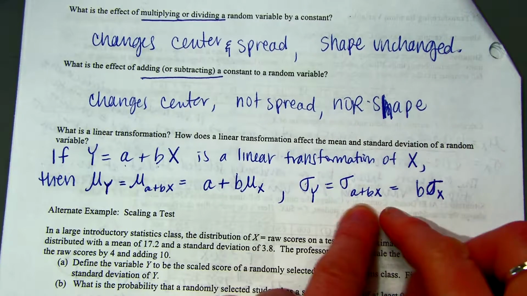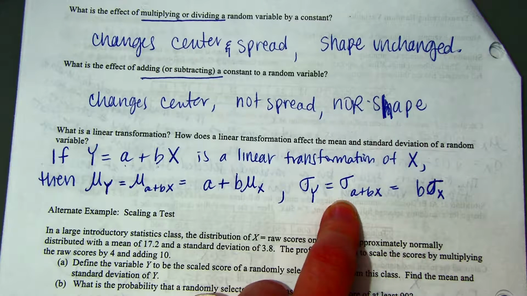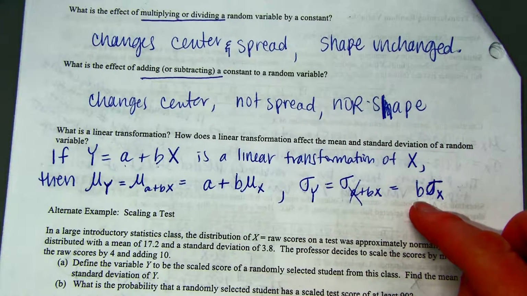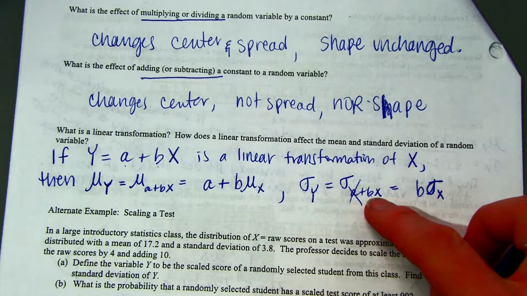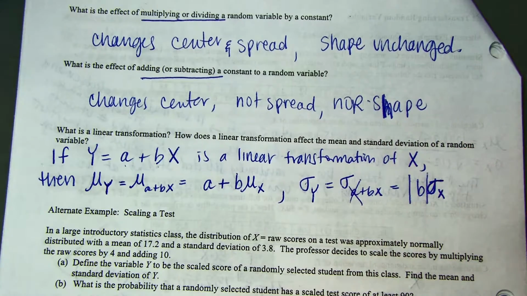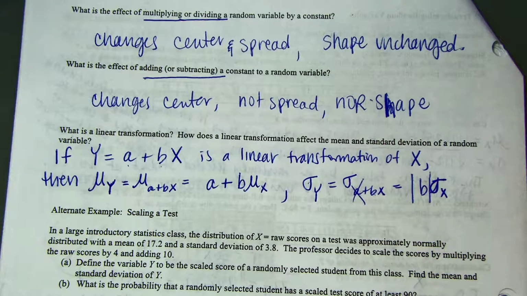If I add something to the random variable, does that change the standard deviation? No. So I don't put an a here. a doesn't have an effect, but b does. And I have to be careful because this could be like a minus b. If it's negative, I want to make it positive. Doesn't make sense to have a negative standard deviation, does it? No, doesn't make any sense.